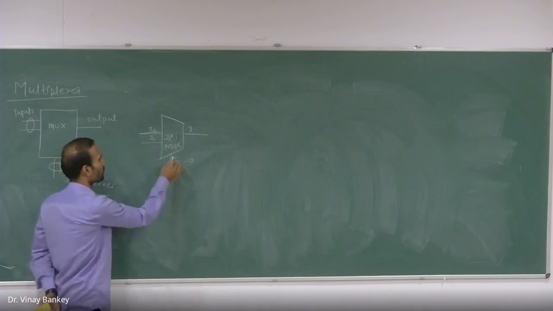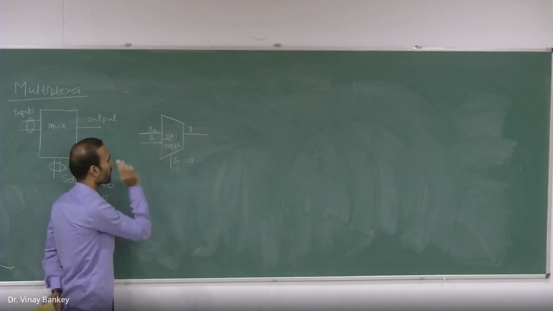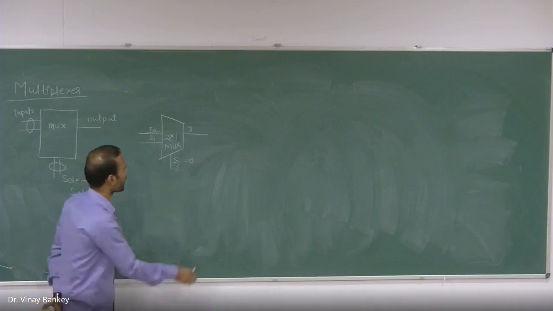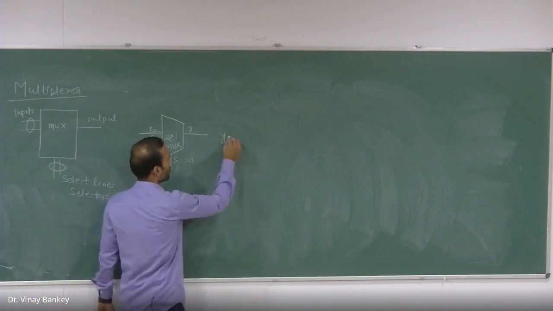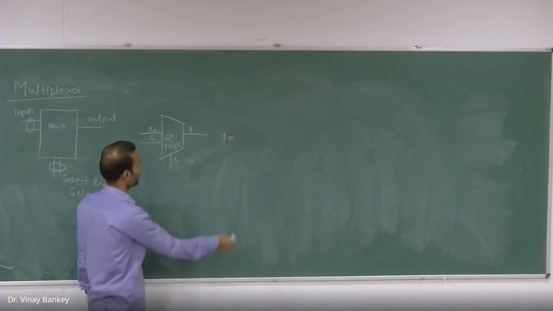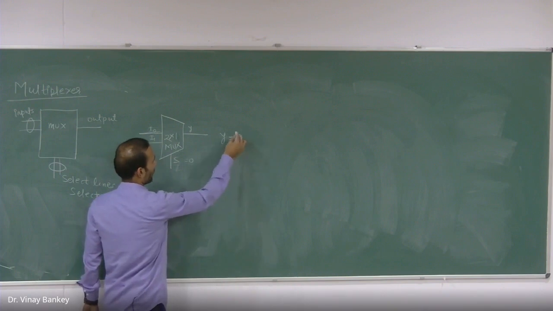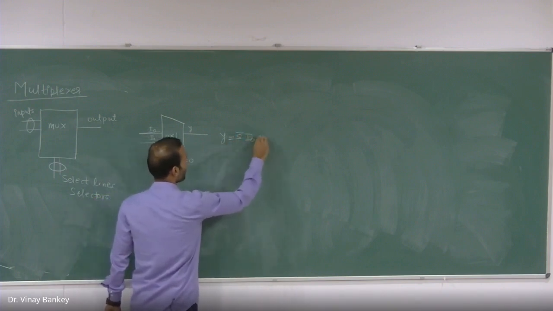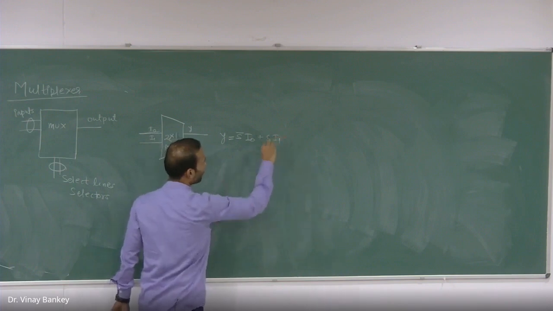When S is equal to 1, whatever information is in I1 goes to the output. So how do you write the Boolean expression for this output? Y equals S bar I0 plus S into I1.